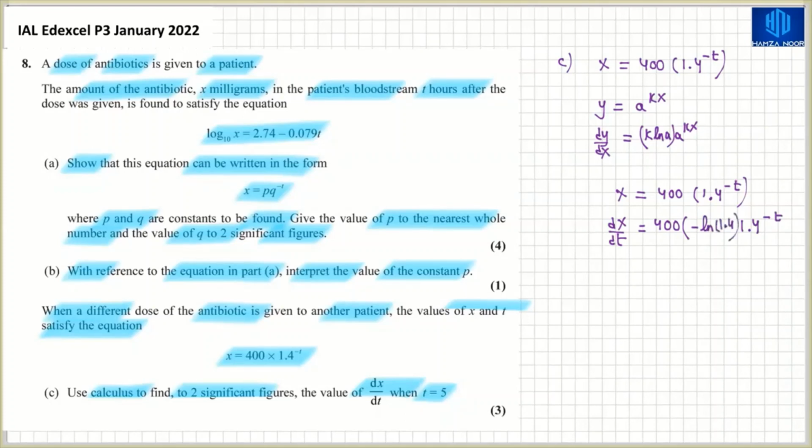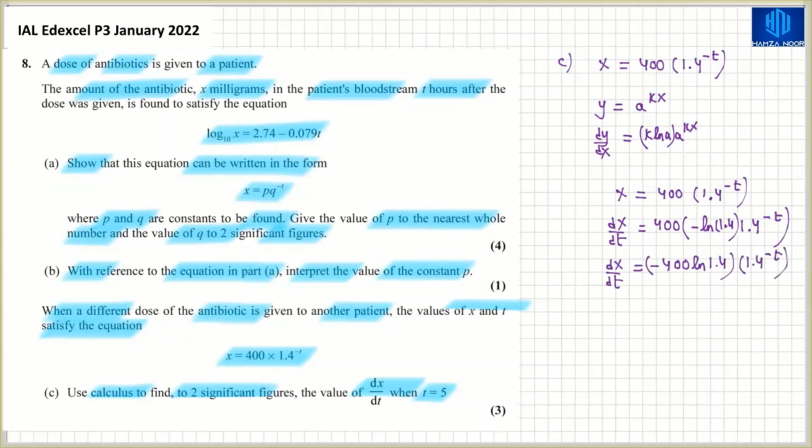Okay, so far we have achieved this. So therefore we can say that dx over dt is equal to minus 400 multiplied by ln 1.4, and this whole thing is multiplied by 1.4 raised to the power minus t.